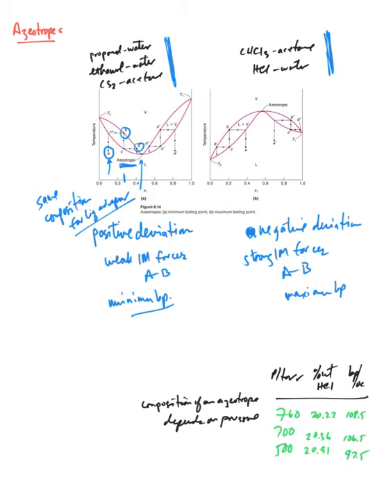I don't want to neglect the point that the liquid remaining in the pot is getting richer in component 2. So you basically are constantly increasing the boiling point of that remaining liquid until eventually it would be pure.